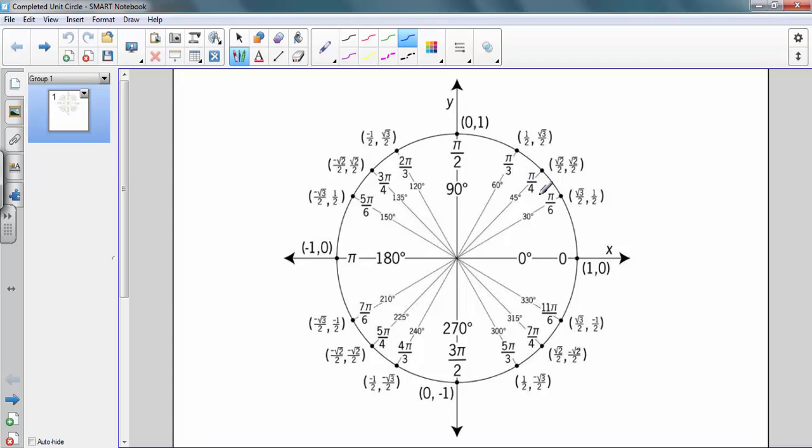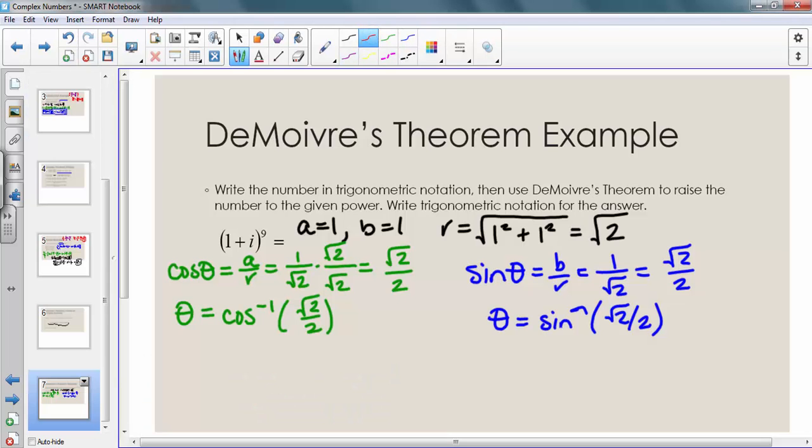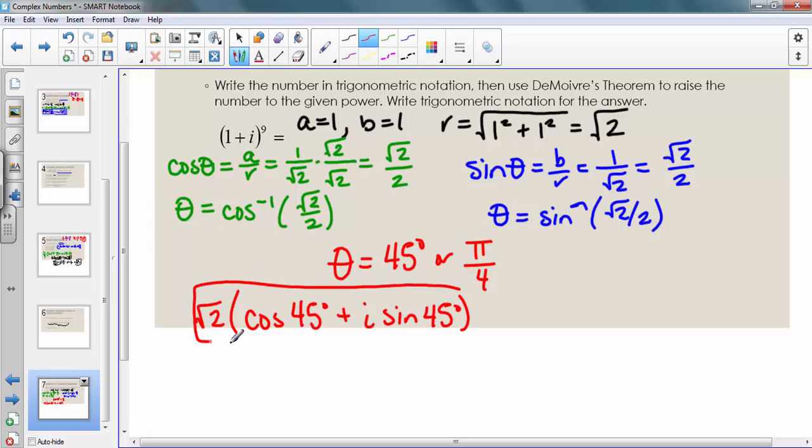And as you can see, that happens at pi over 4 or 45 degrees. So now I know that theta has to equal 45 degrees or pi over 4. So now I can write this in trigonometric notation and get r, which is root 2, times the cosine of theta, which is 45 degrees, plus I sine of theta, again 45 degrees. So here is my complex number in trigonometric form.